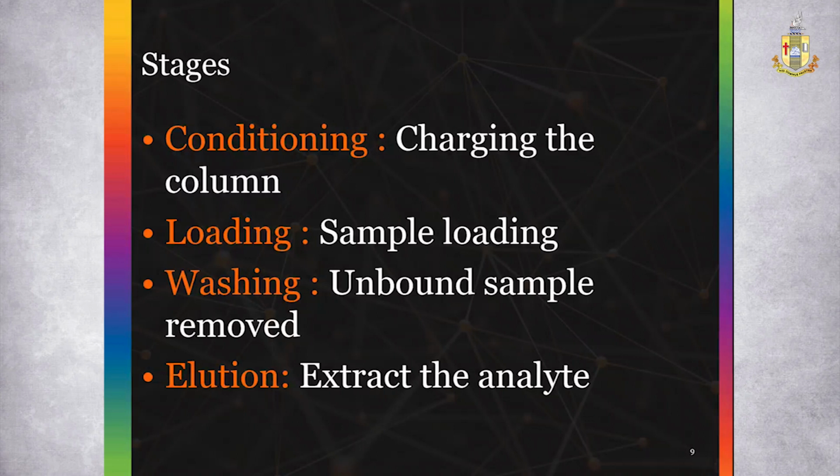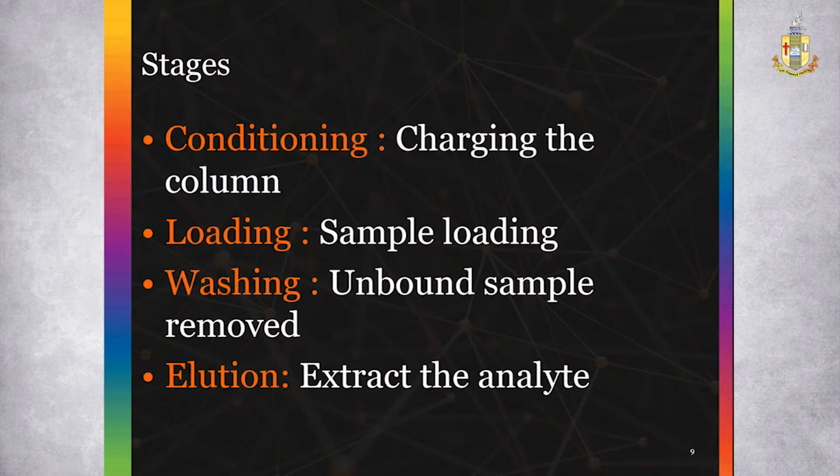The positively charged ion reacts with the negatively charged ion and moves slowly because opposite charges attract. But the negative charge and the neutral charge move fast. In some places, the neutral charge will attach. After the washing stage, the neutral charge will be released. The unbound sample is removed by washing.